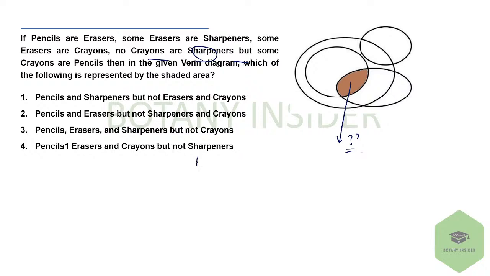If pencils are erasers, erasers are sharpeners, some of the erasers are crayons, no crayon is a sharpener, right? Crayon and sharpener do not have a correlation together, but some of the crayons are pencils. So, which of the following is represented by the shaded area?